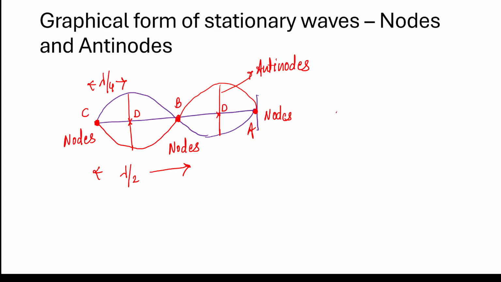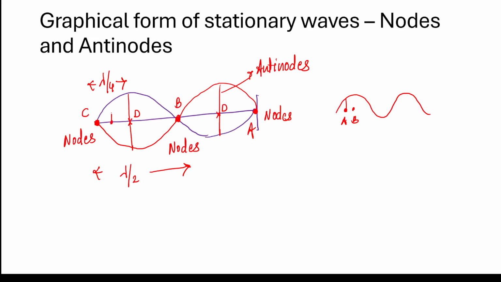Unlike a traveling wave, where the amplitude of every position is the same, and ultimately every particle would reach the maximum amplitude. But in a stationary wave, every position has a different amplitude. It's fixed. The amplitude is not changing.